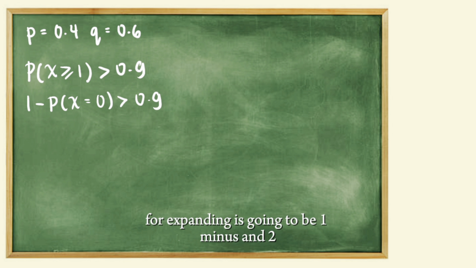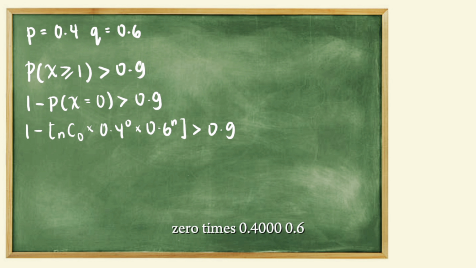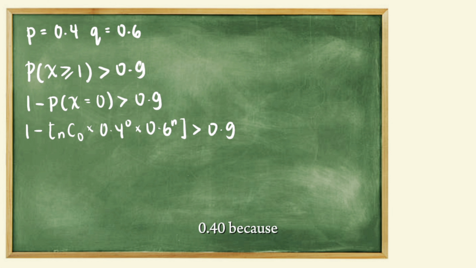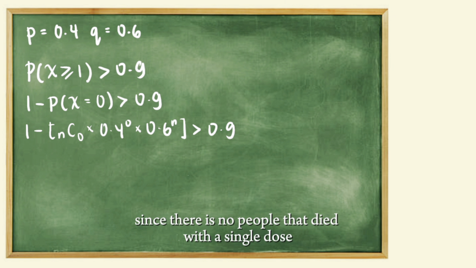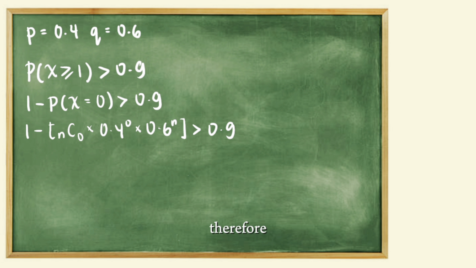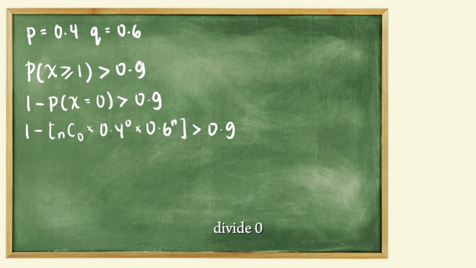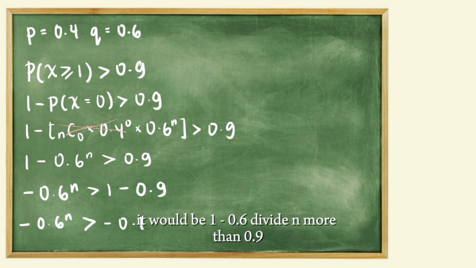Further expanding, it's going to be 1 minus n choose 0 times 0.4 to the power of 0 times 0.6 to the power of n more than 0.9. n choose 0 because none of the people die within a single dose, 0.4 to the power of 0 because there is no people that die within a single dose. Therefore, simplifying this equation, it would be 1 minus 0.6 to the power of n more than 0.9.